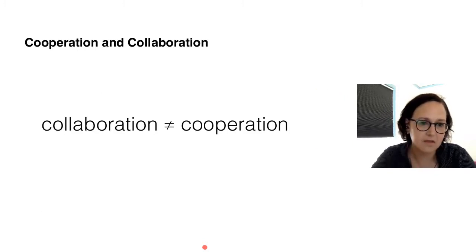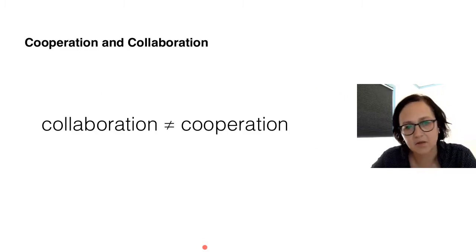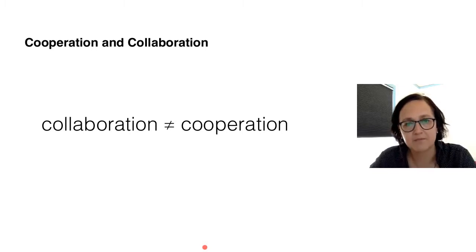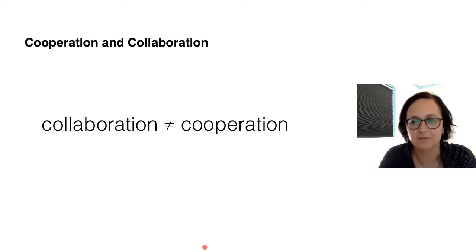So this also means that collaboration is not cooperation, and maybe cooperation is a part of collaboration, but this is something we could make a difference in order to make better e-learning design. So that's actually my point.